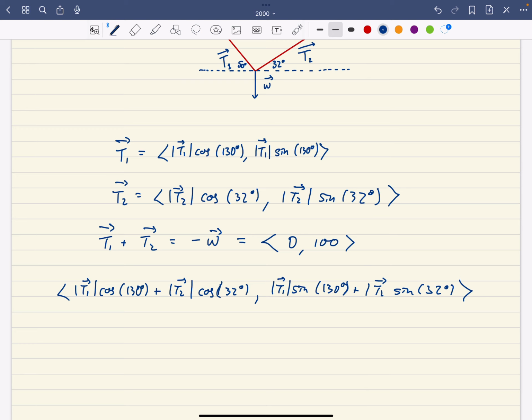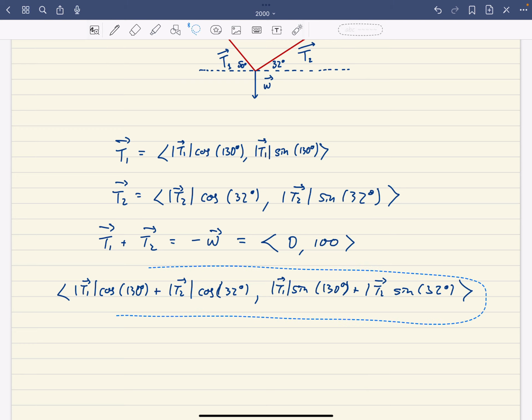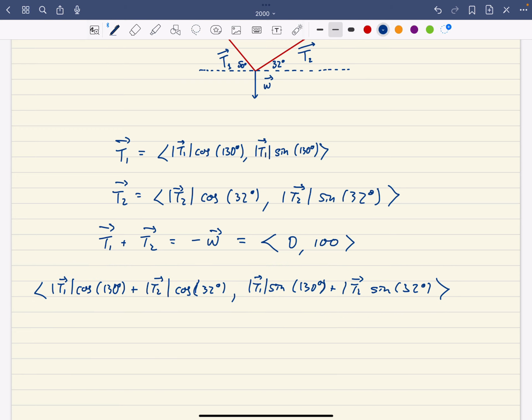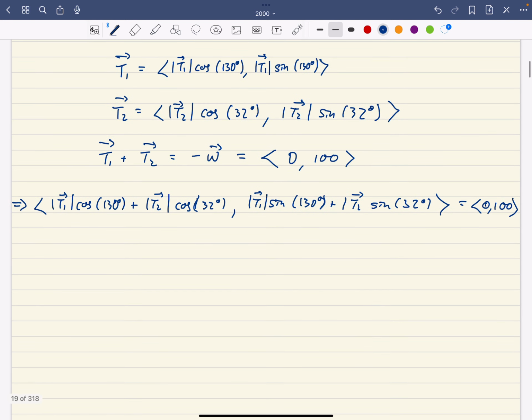And setting these equal implies that this should be equal to 0, 100. And now what this means is that we have two equations and two unknowns.